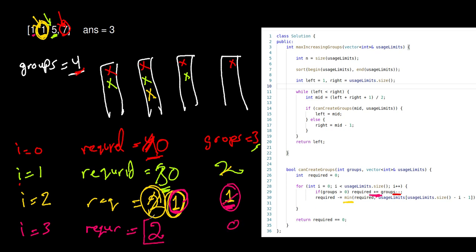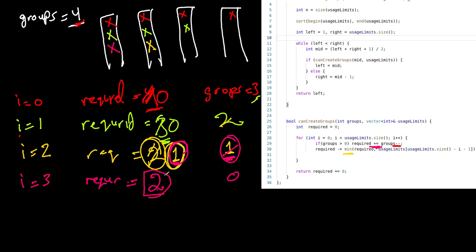So for this iteration we need 2 elements and we only have 1 element, so we fill this with 1 element, and 2 minus 1 is 1, and the for loop is done, and the required is not 0, and this returns false.